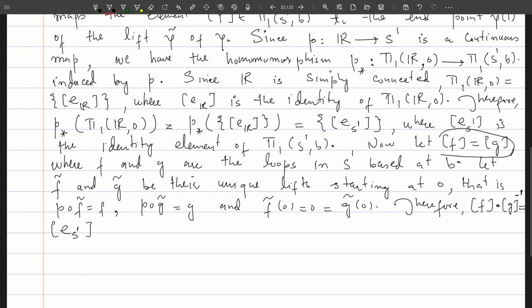Now this e_S1 belongs to the image of P star.